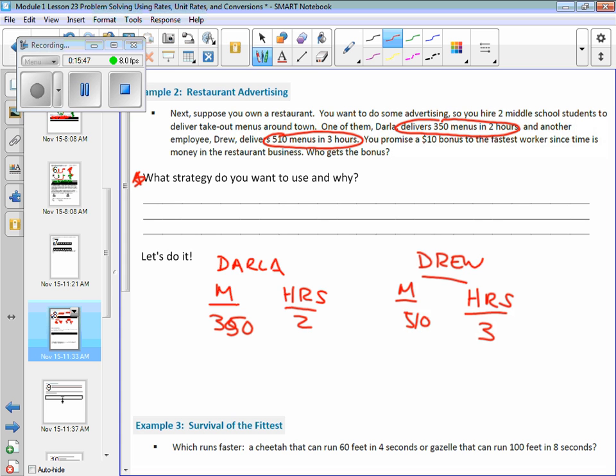I have to get to a common hour denominator. If I count by twos and I count by threes, I'll eventually find it. That's the easy part. But in order to find equivalent ratios, I have to count by 350s here.